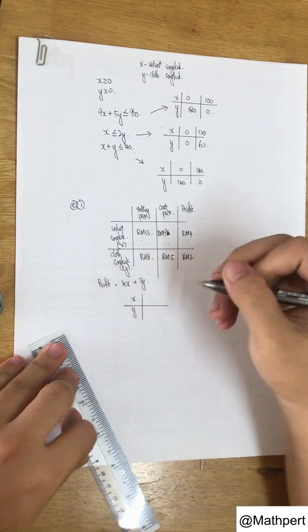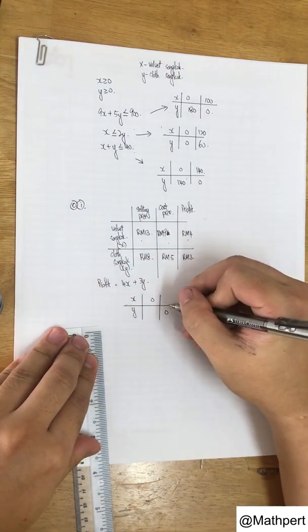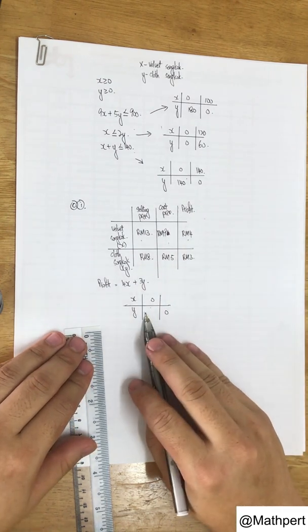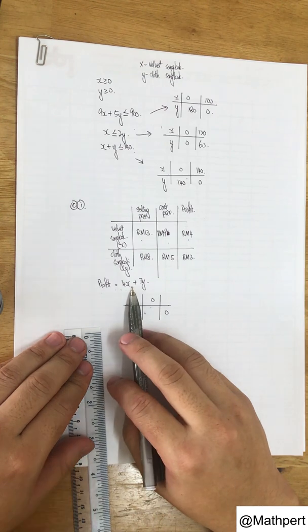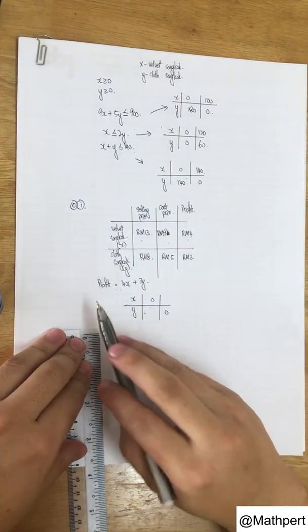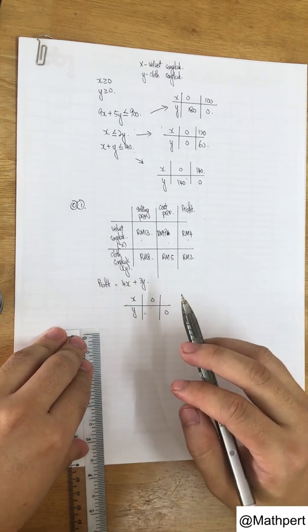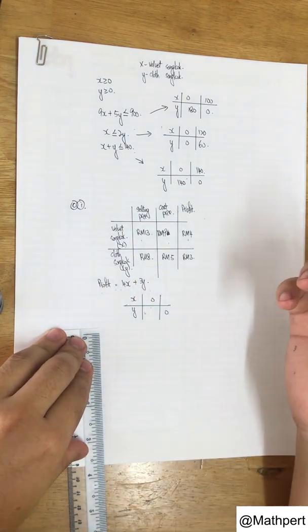X, Y, 0, 0. So when x equals 0, y equals to how much? We only get profit equals to 4x plus 3y, but we don't have any constant. So how do we get a constant? Okay, so we add a constant for it.